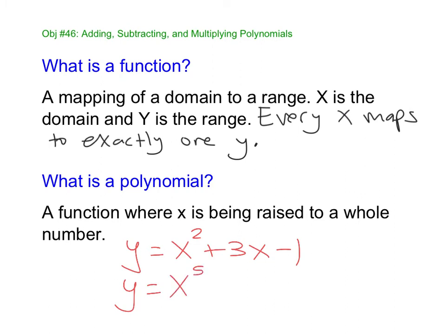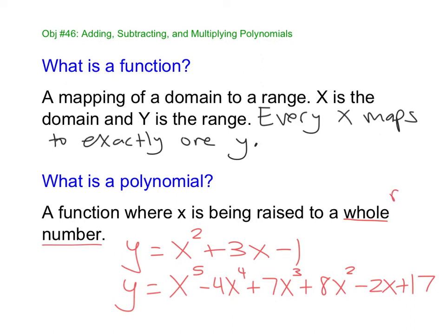So x to the 5th minus 4x to the 4th plus 7x cubed plus 8x squared minus 2x plus 17. Right? That's a polynomial. All the x's are being raised to a whole number, right? So no negatives. That's the key there, right? No negative exponents. No negatives and no fractions. That's a whole different beast, okay?